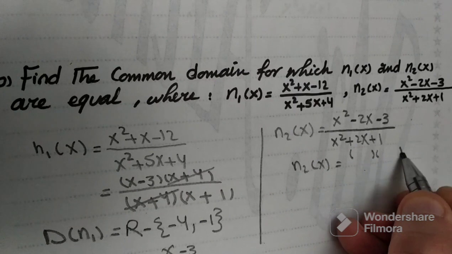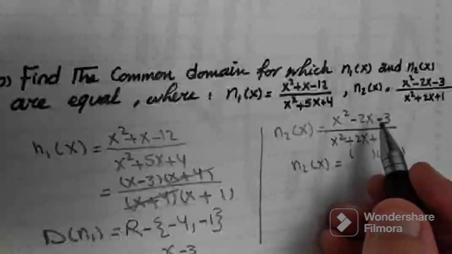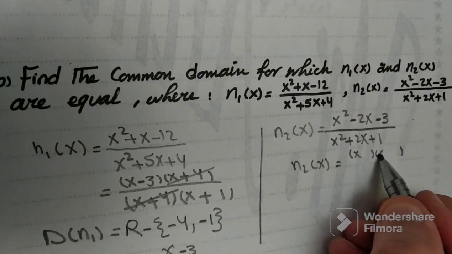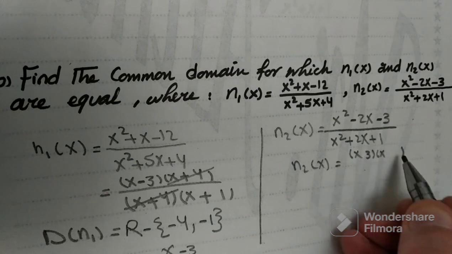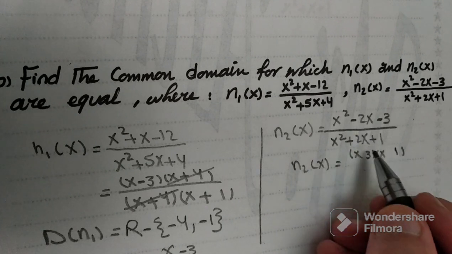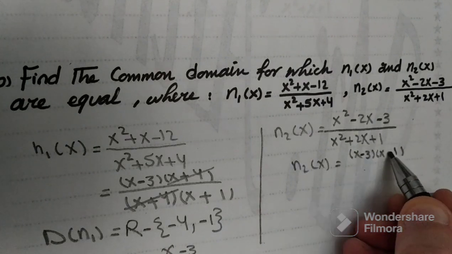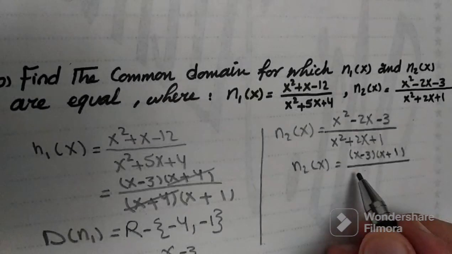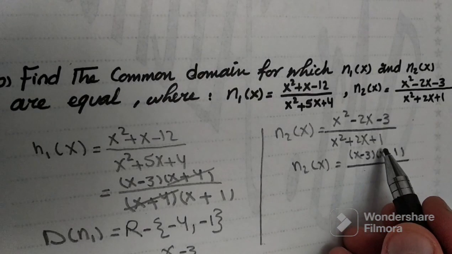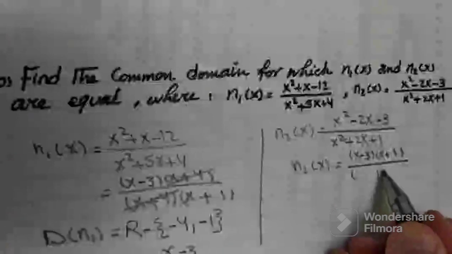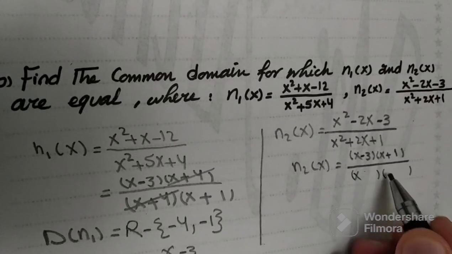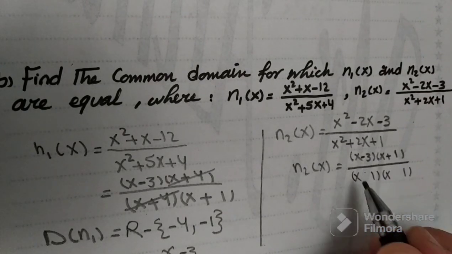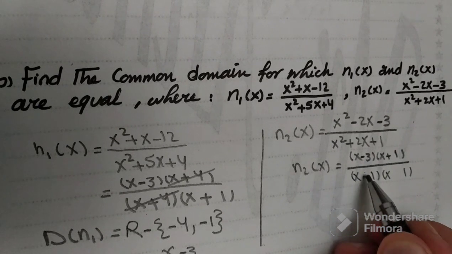Two numbers, the product of them equals 3 and the difference between them equals 2. x, 3, 1. Last term negative, then the greater factor takes the same sign of the middle term, negative, and the other is positive. Over two numbers, the product of them equals 1 and the sum of them equals 2. x and x, 1, 1. Last term positive, take the same sign of the middle term.